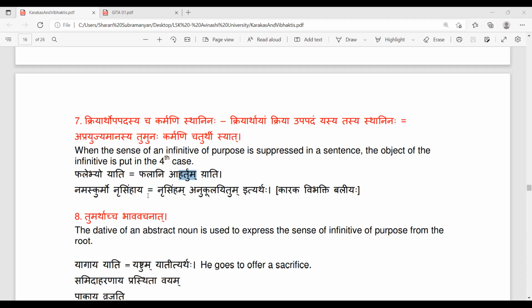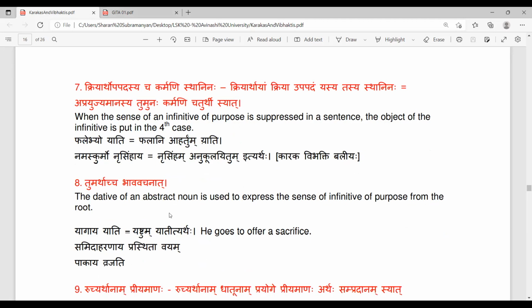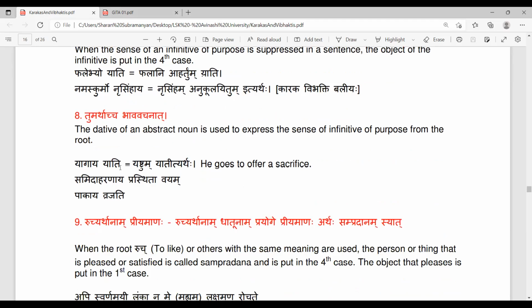Then the next one, tumanartha cha bhava vachanat. That is, the dative of an abstract noun is used to express the sense of an infinitive of purpose from the root. Like yagaya yati, he goes for yagaya. Yashtum yati, he goes to offer a sacrifice.